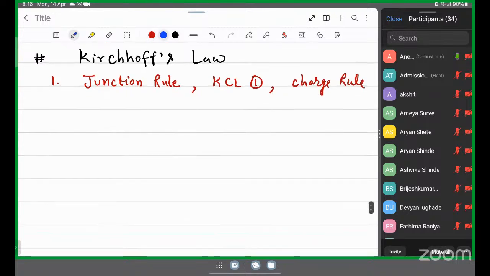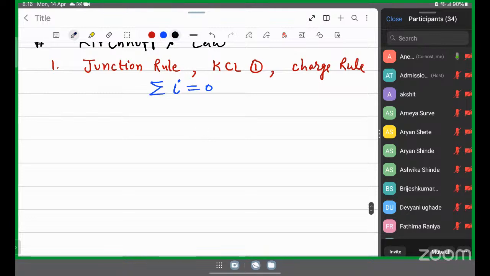It states that the algebraic sum of all currents meeting at a junction point in a closed circuit will be zero. So according to this, summation I is equal to 0, which implies that if there is a junction in a circuit and different currents are coming towards it, let's say this is I1, this is I2, this is I3 coming towards it, and there are certain currents which are going away from it, let's say I4 and I5.